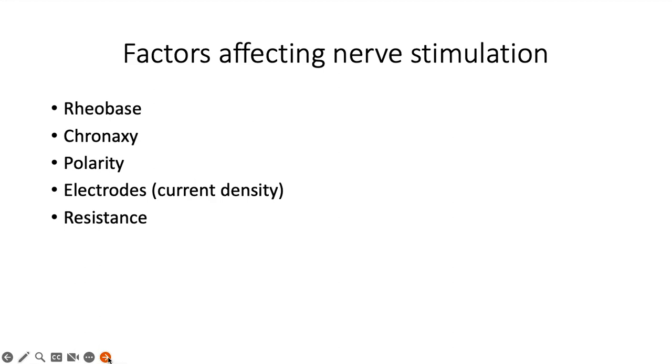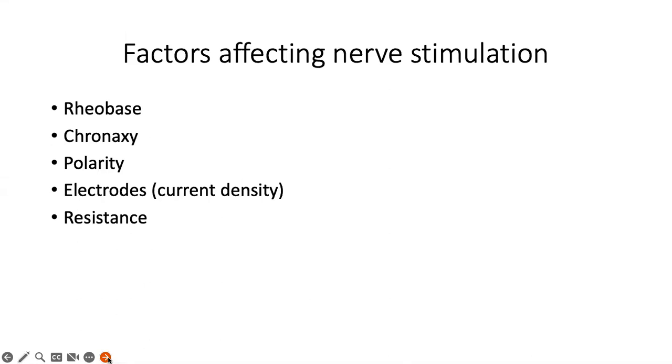Chronaxie speaks to the time throughout that you are actually stimulating that nerve. So if you use a reliable current, but you don't expose that nerve to the amount of time that's required, then you're not going to be able to stimulate it properly.